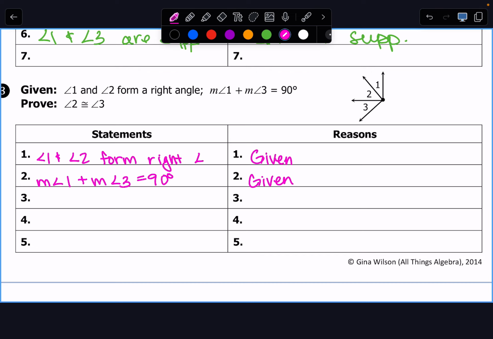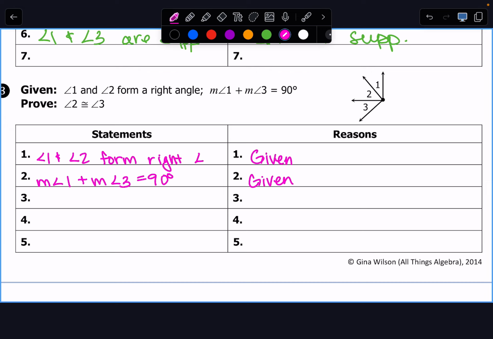All right. So let's talk about this. What are some ideas that you have? Micah, what's your idea? Angle 1 and angle 2 added together equals 90. So if you put it up you would see that both have angle 1 in them. So simplifying it, they would be congruent.